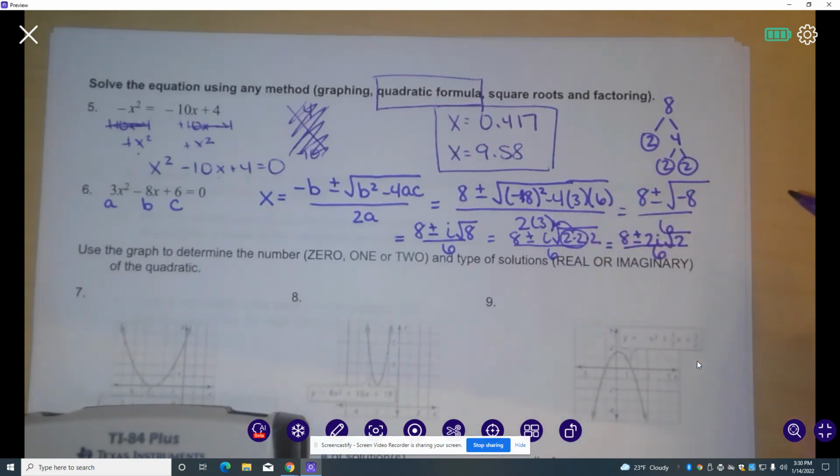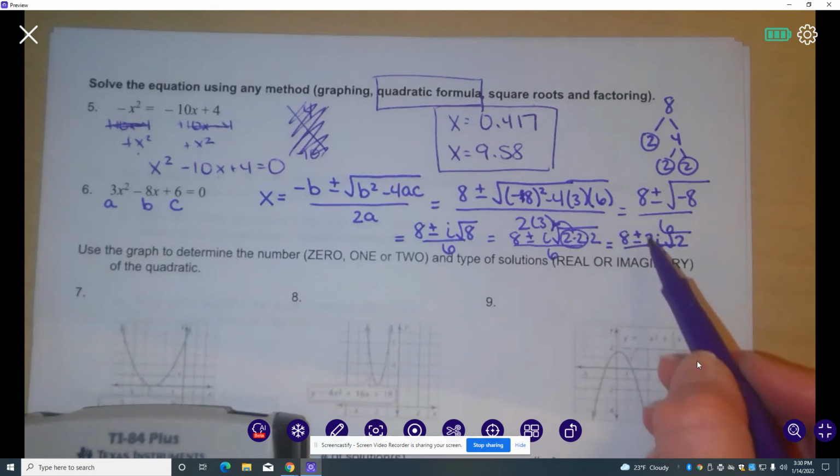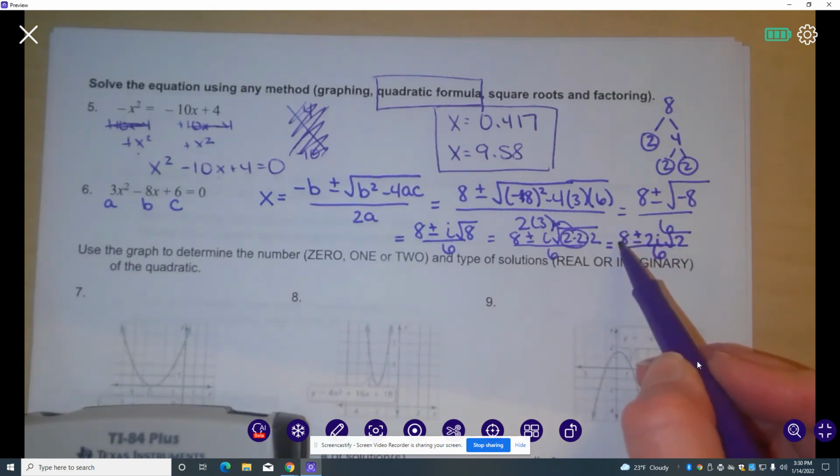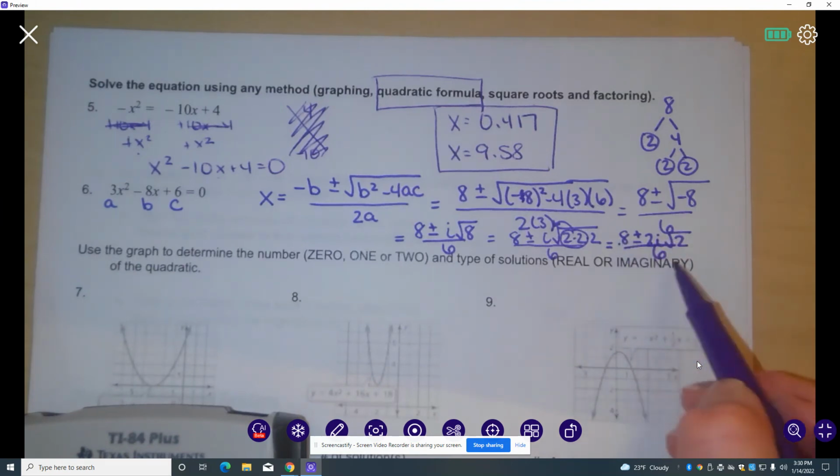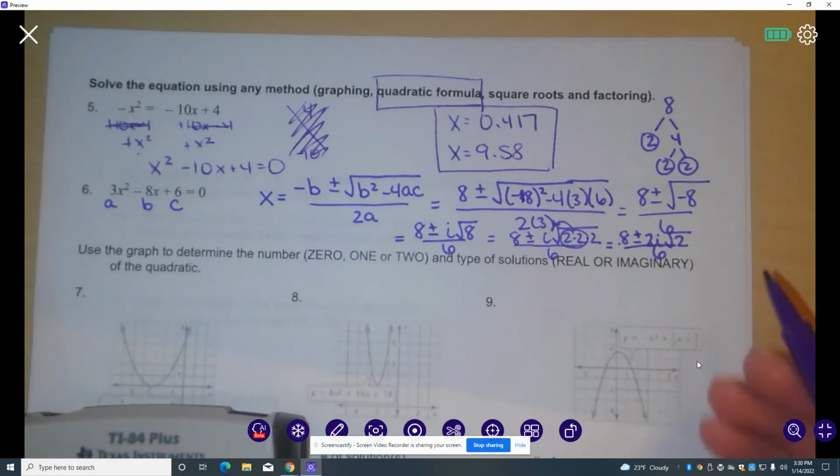Okay. And now I'm just going to look at what I have, and I want to simplify these coefficients, these numbers out front, if necessary. So 8 over 6 can be simplified, and 2 over 6 can be simplified. 8, 2, and 6 all have a common factor of 2.